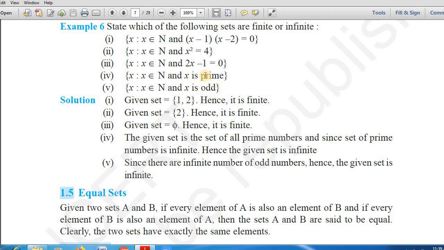Obviously it is an infinite set, because the set of prime numbers is infinite, and these are natural also. Similarly, in the next one, x is natural and x is odd. That means the collection of all odd natural numbers is in this set, which is obviously infinite.